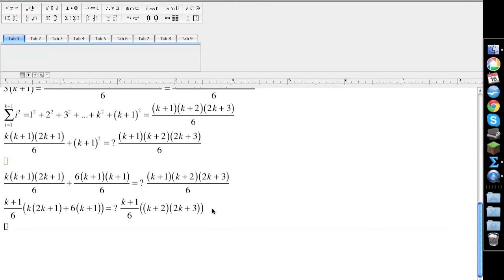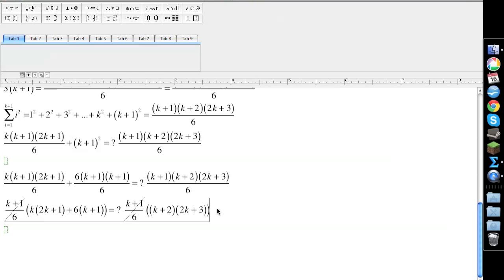So now it may seem that we're very far from the end, but there's only a couple of algebraic methods I have to use left to find that they are equal. So I divide the whole equation by k plus 1 divided by 6. So just take that away, and then I take this multiplier away.